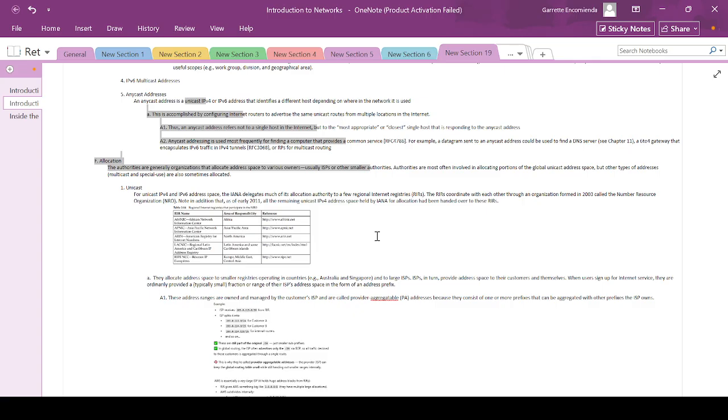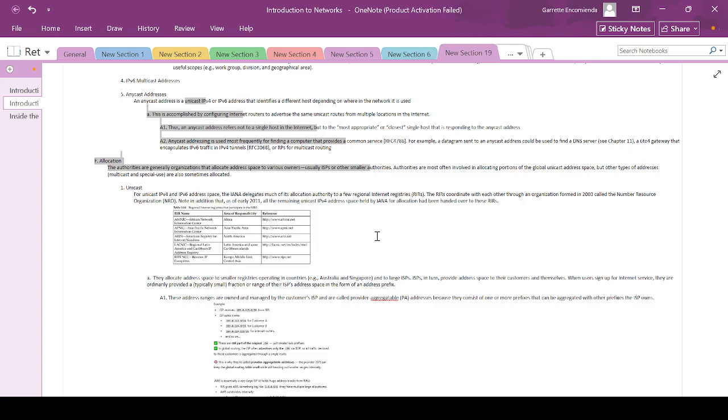So sorry, let me refine the definition. Basically, this Anycast address is a unicast address that does not refer to a single sender connected to a group, just like the SSM, but rather it's different depending on where in the network you are located, depending on the nearest single host that is responding to the Anycast address.